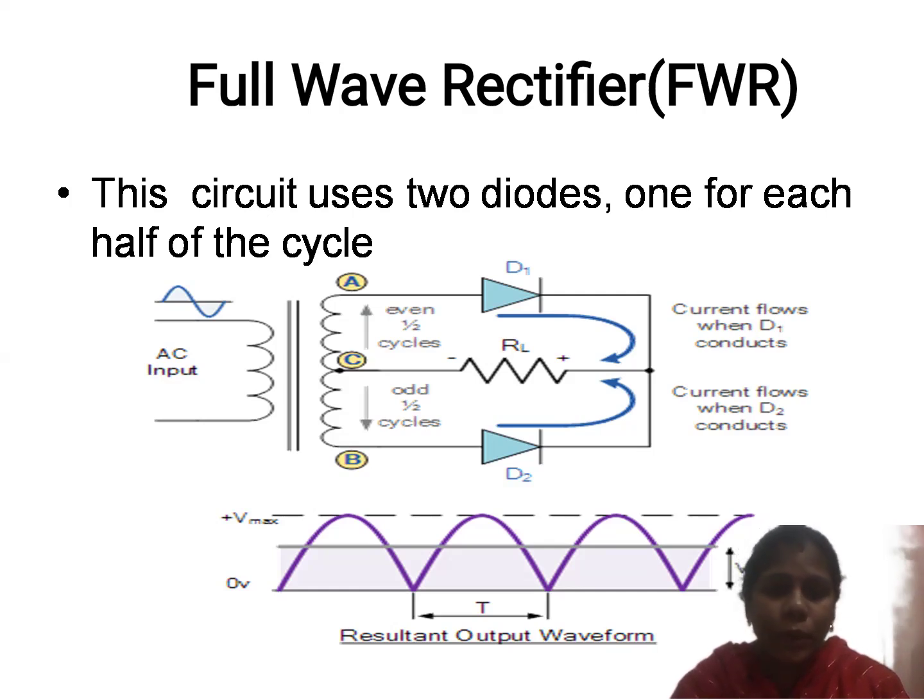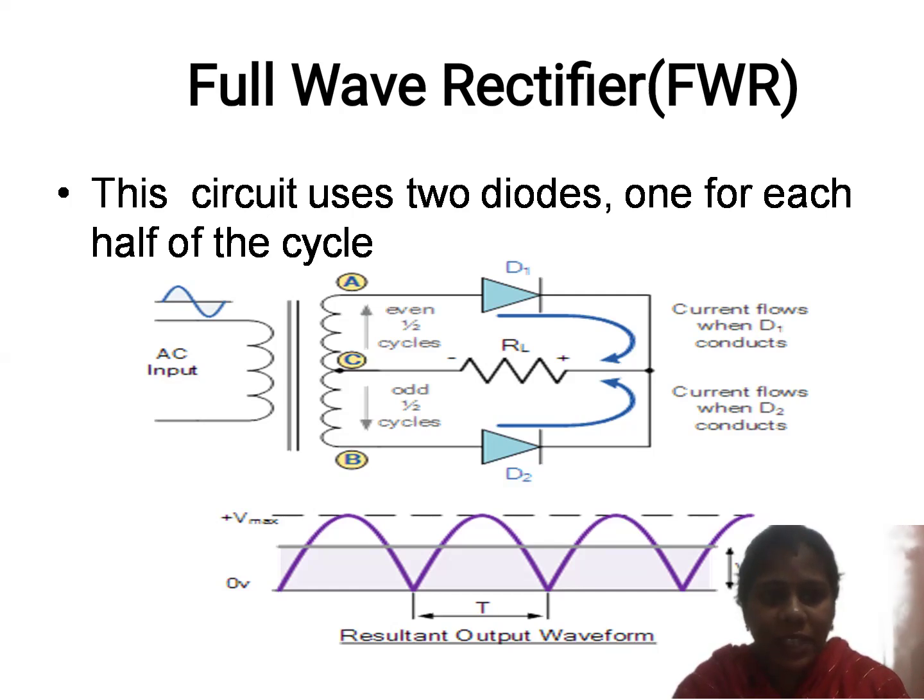Here a positive signal is applied to diode D1, and similarly the same positive cycle is applied to diode D2 also. Now point A is supplied with positive polarity and B with negative polarity.